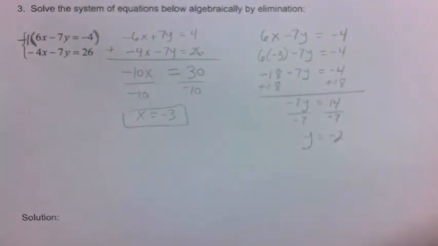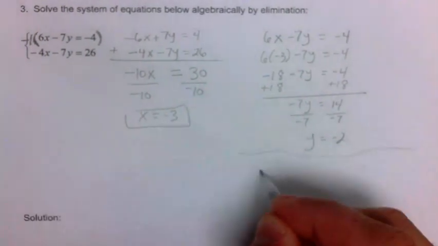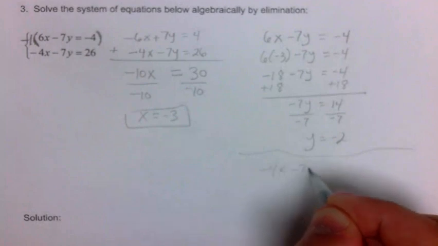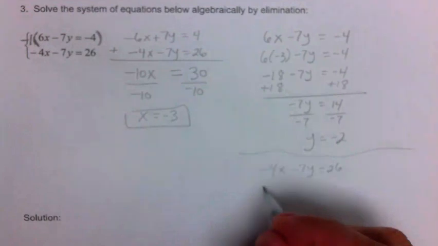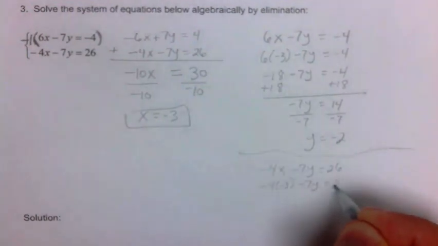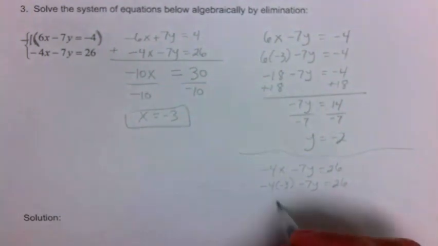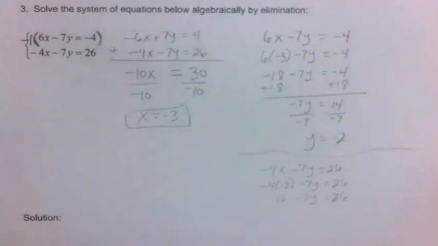Let's verify that by using the second equation in our system. So we're going to do negative 4x minus 7y equals 26. X again was negative 3, so negative 4 times negative 3 minus 7y equals 26. 12 minus 7y is 26.